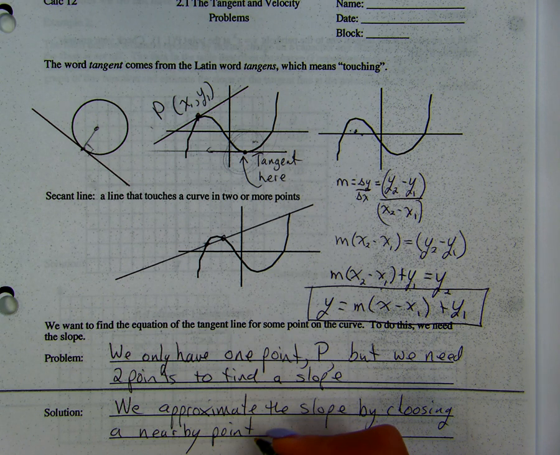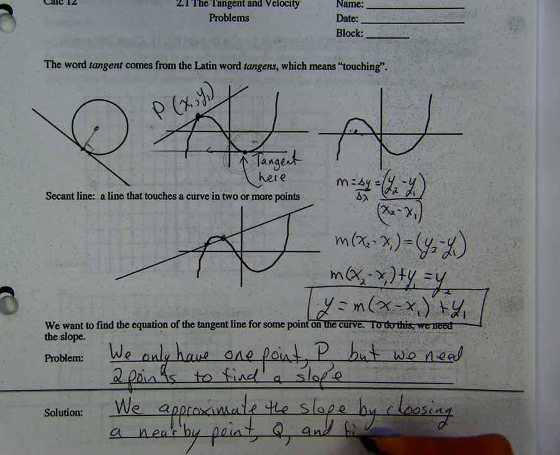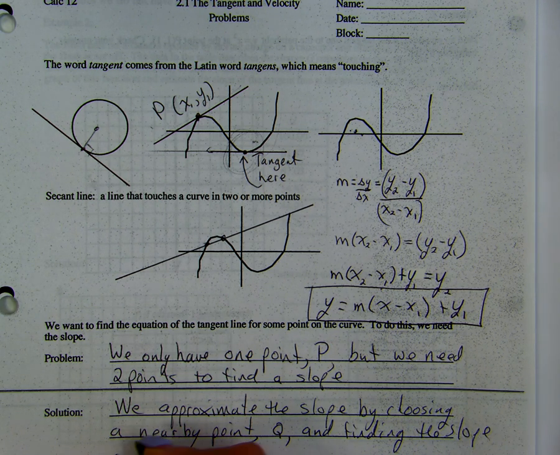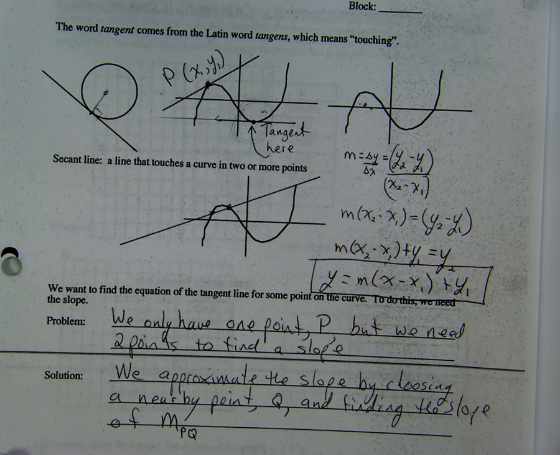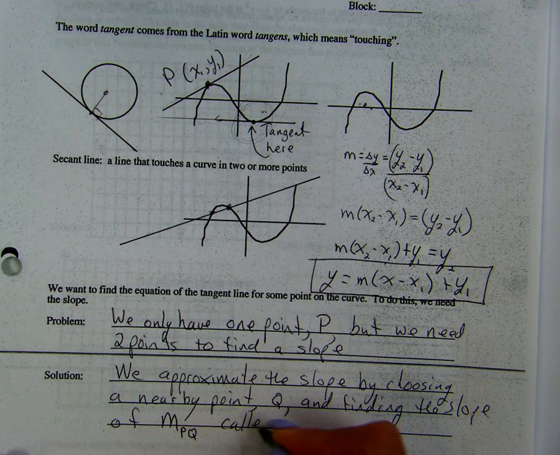I'm going to call that point Q. And finding the slope of the secant line, and I'm going to call that the slope of the line that goes through both point P and Q. This is called the secant line.